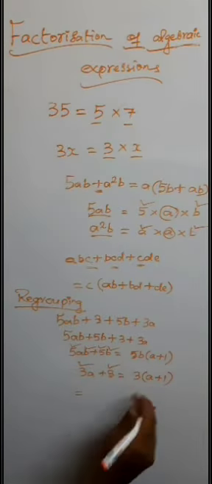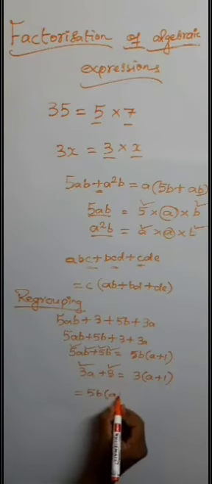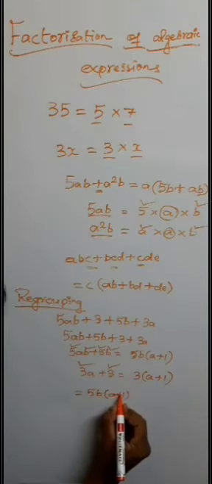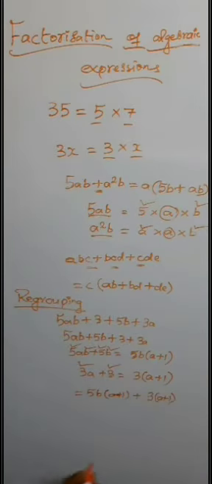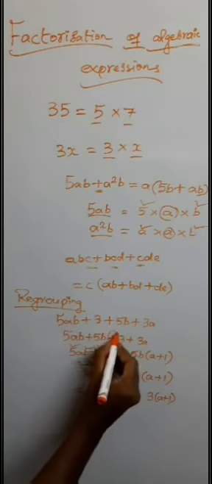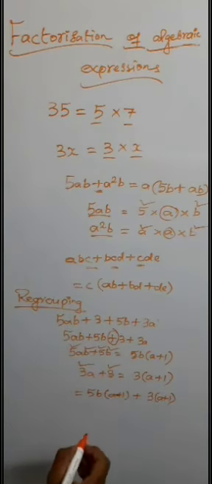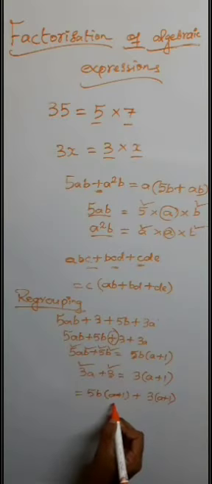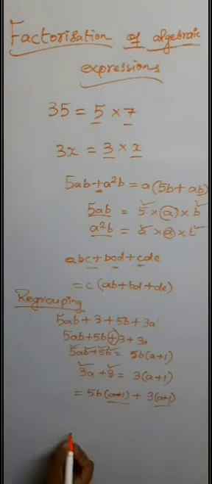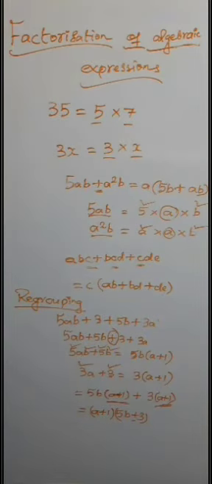After combining the two terms, we have 5b into a plus 1 plus 3 into a plus 1. Since we have plus in between two terms, we need to put plus here. Since we have a plus 1 common between two terms, the answer of the question is a plus 1 and 5b plus 3.